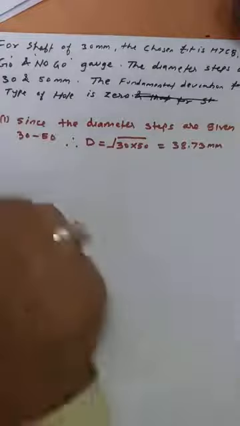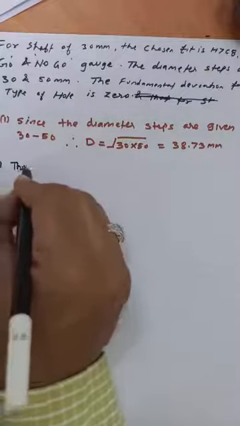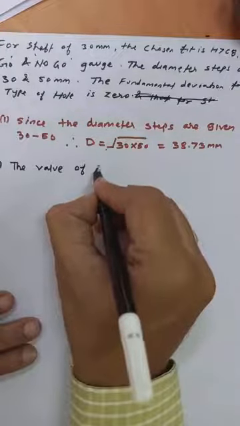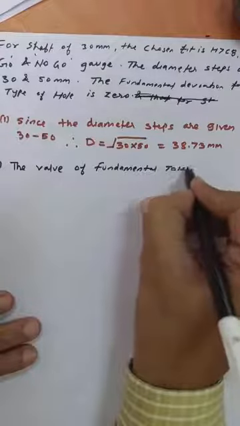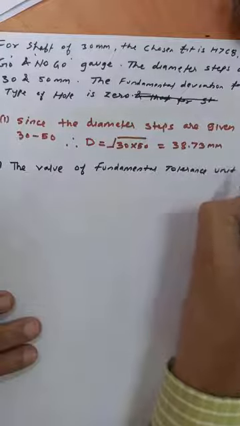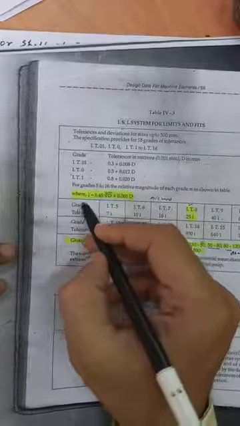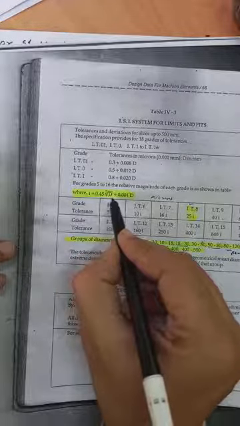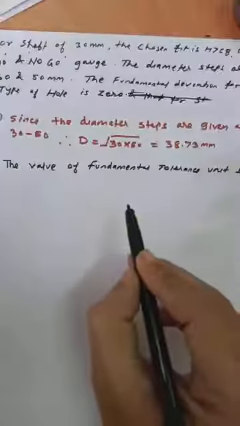Okay, now the value of fundamental tolerance unit I we have to calculate. So we know that from this table the fundamental tolerance unit is I equal to 0.45 times the cube root of D plus 0.001 D. So we have to take this formula.